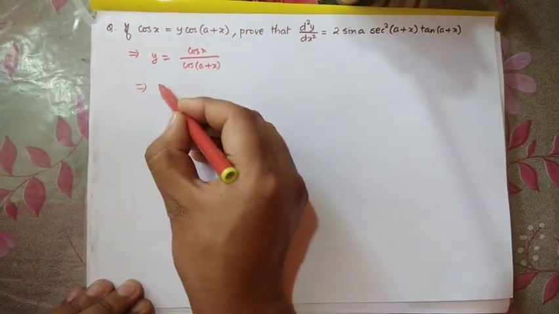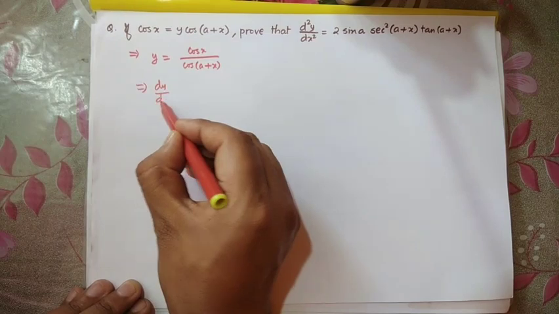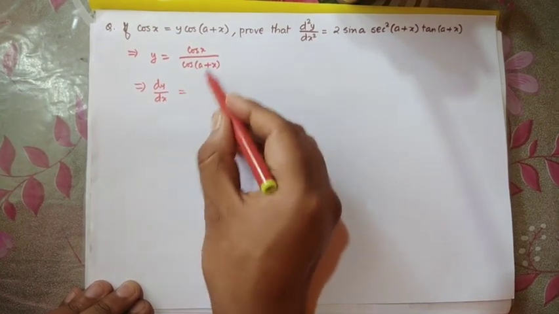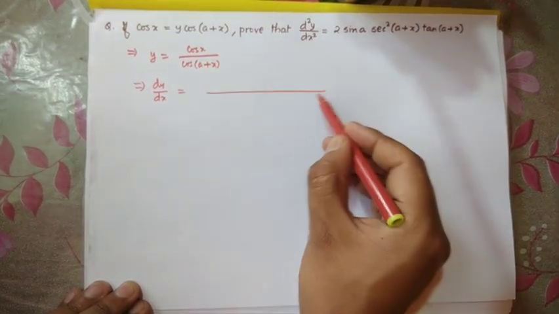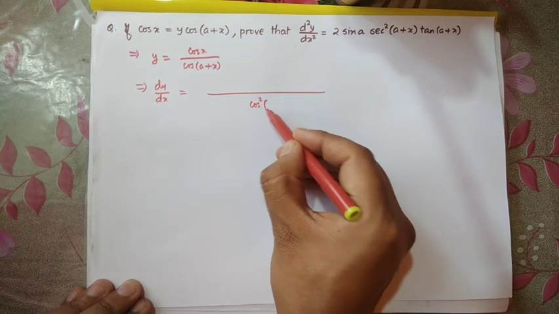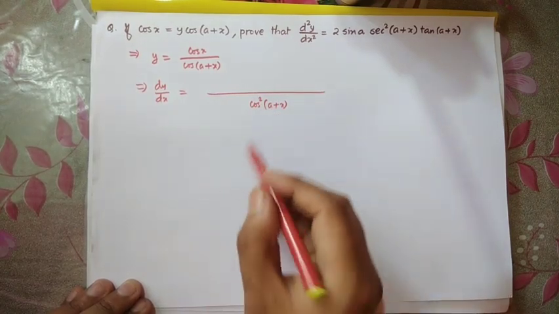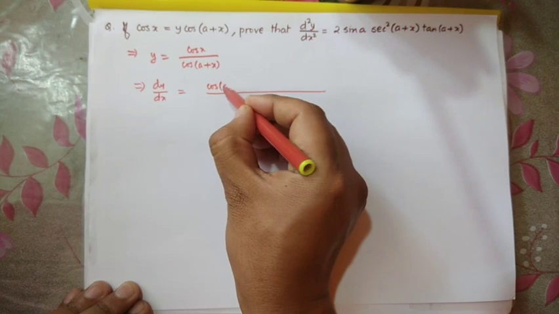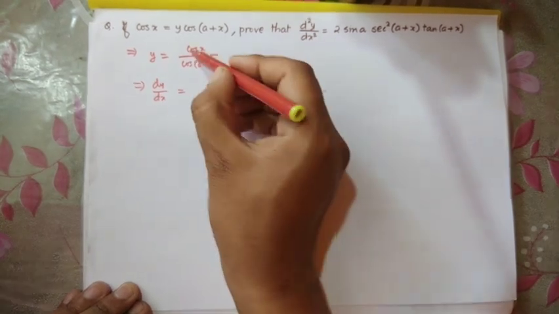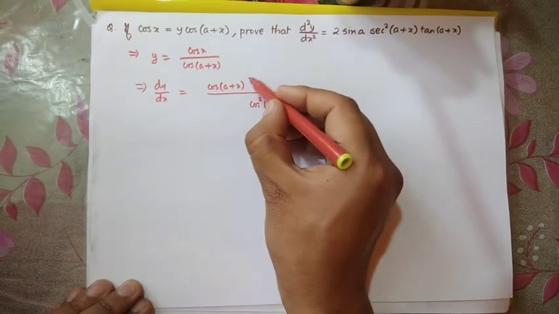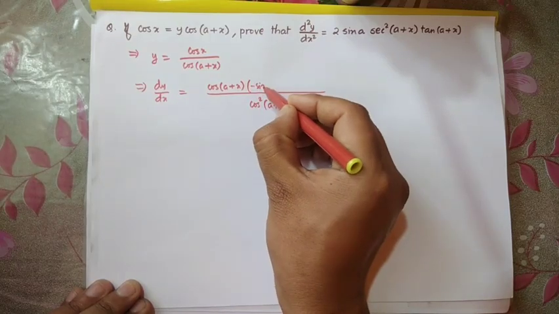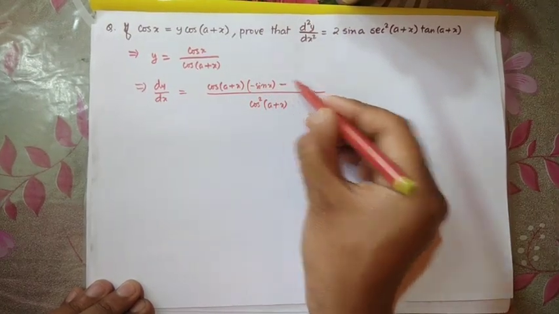So if I differentiate both sides with respect to x, I'll get dy by dx, and since this is in f by g form, we have the denominator squared. The denominator will be kept as it is. We'll differentiate the numerator, so the differentiation of cos x is minus sine x, so a minus sign is there.